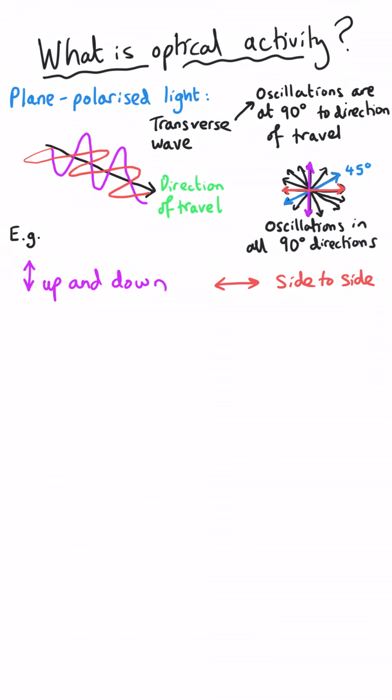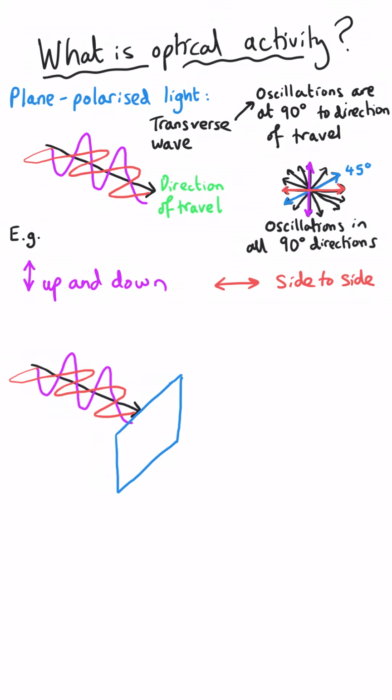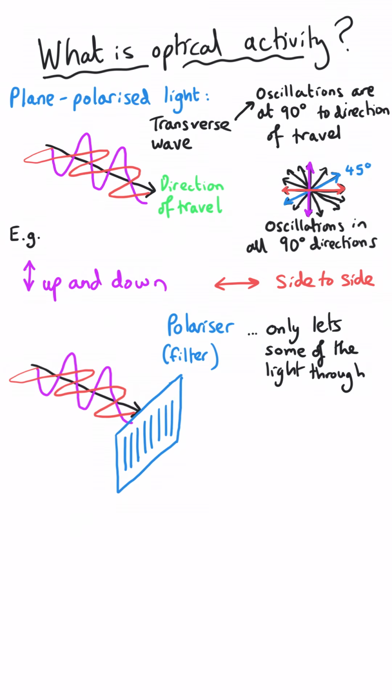Now, when you polarise light, what you do is you pass this light that's oscillating in all of these different directions through a filter which only has very, very narrow slits in a particular direction. So for instance, if the light hits a vertical filter, only the light which is travelling in a perfect vertical, so in other words in the y plane, can actually pass through.